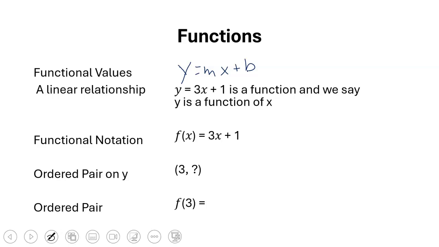And we say y is a function of x. So that's looking at the second term of functional notation: f of x equals 3x plus 1. This is not f times x. This is a function, the way we read it: function of x.